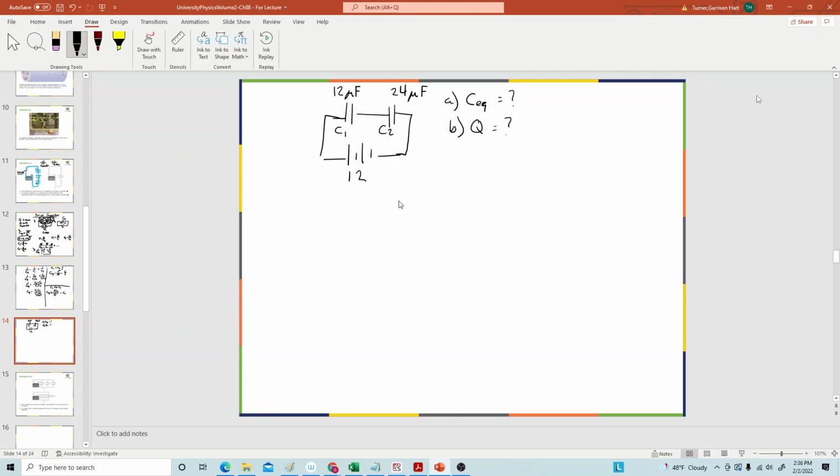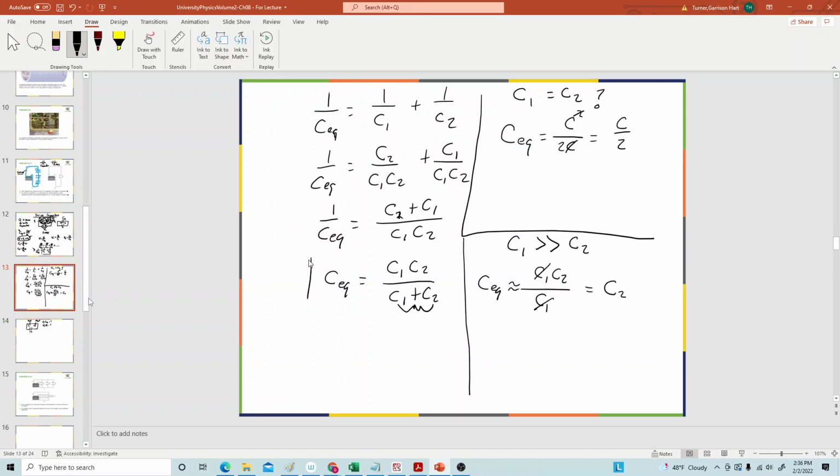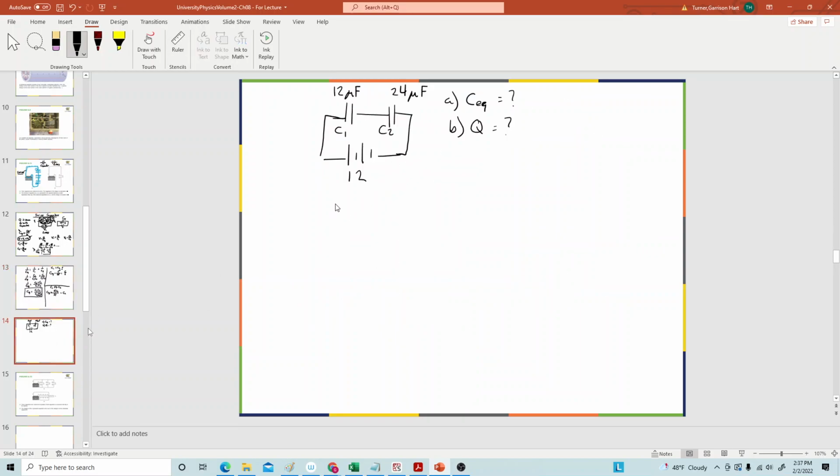Okay, so my equivalent capacitance can be found from this general formula. So my equivalent capacitance is going to be 12 times 24 over 12 plus 24, right?